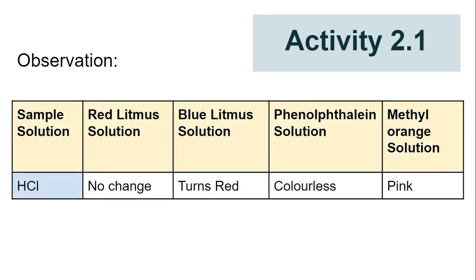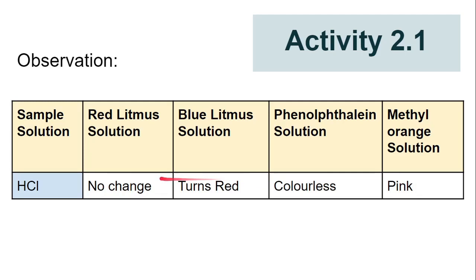First, the sample solution we have taken is hydrochloric acid, HCl. If we apply red litmus solution to the hydrochloric acid, there is no change. With blue litmus solution, we can observe that it turns red. With phenolphthalein solution, the hydrochloric acid is colorless, and with methyl orange solution, it will be pink.